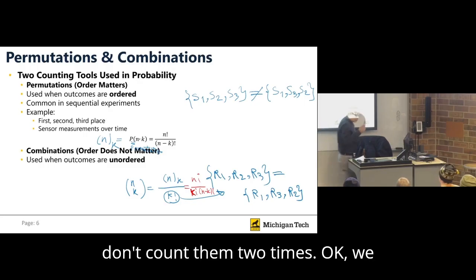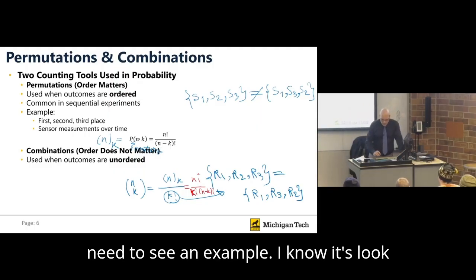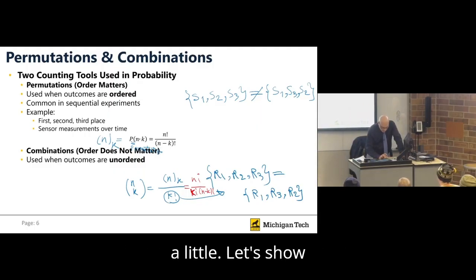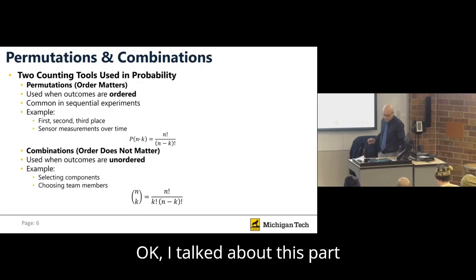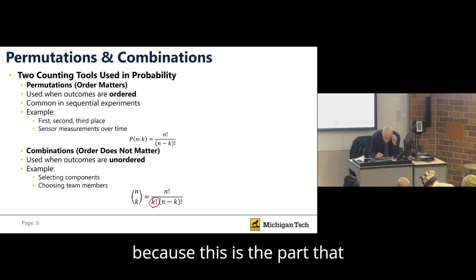We need to see an example. I know it looks a little complicated. Let's show the clear formula. I talk about this part because this is the part that is not here.